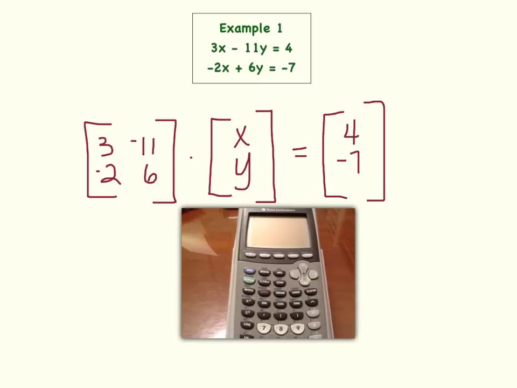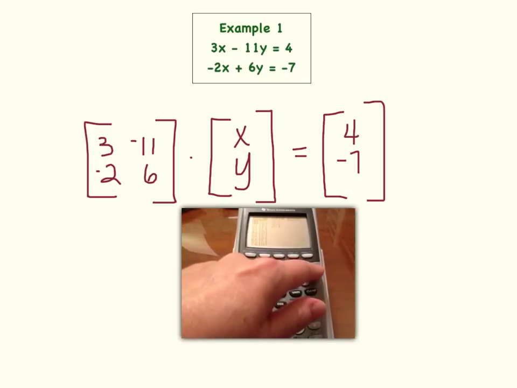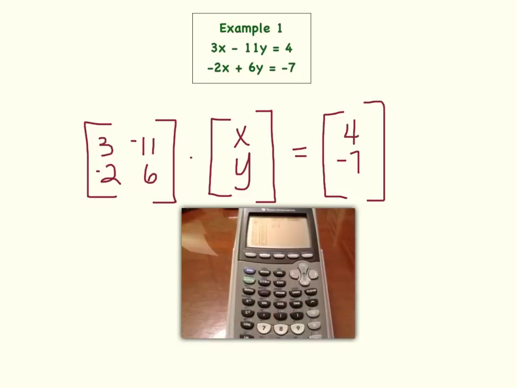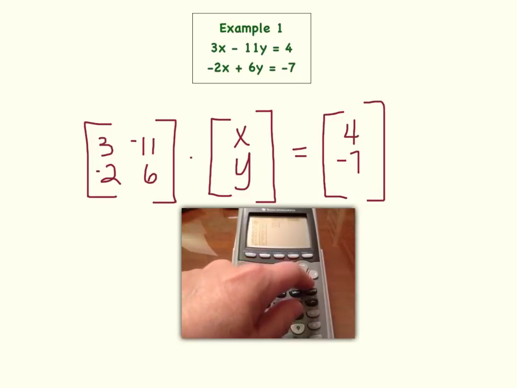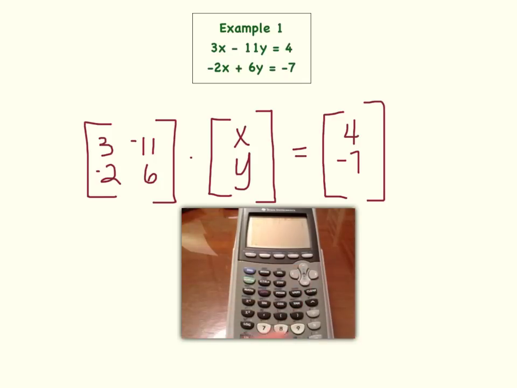And you know what? We're not ready to hit second quit yet. I'm sorry. We're going to do second matrix again, but this time we have to prepare the matrix for the constants. So I'm going to right arrow to edit, and then go down to B. This will be our second matrix.